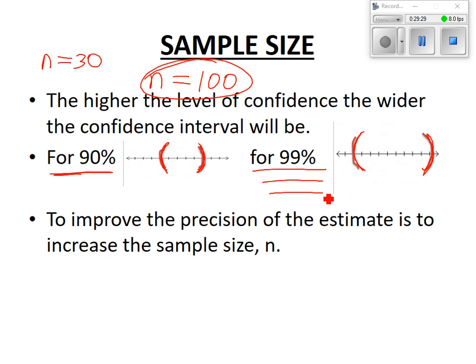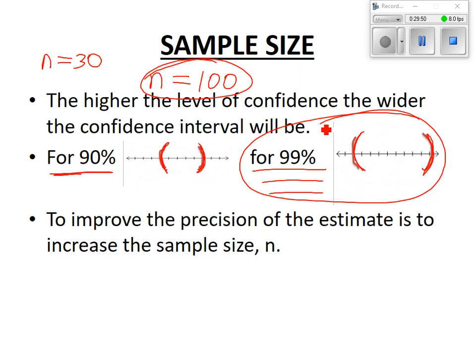A lot of the political stuff that you see, they use 99% because what's that do to what they can say? Makes it real wide. So they can mess up more. Right, they can mess up more and say, oh no, we were right. It fell in that range.